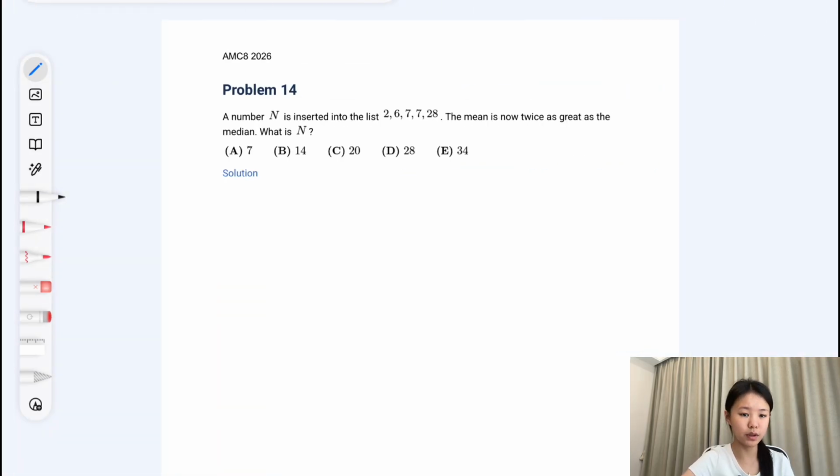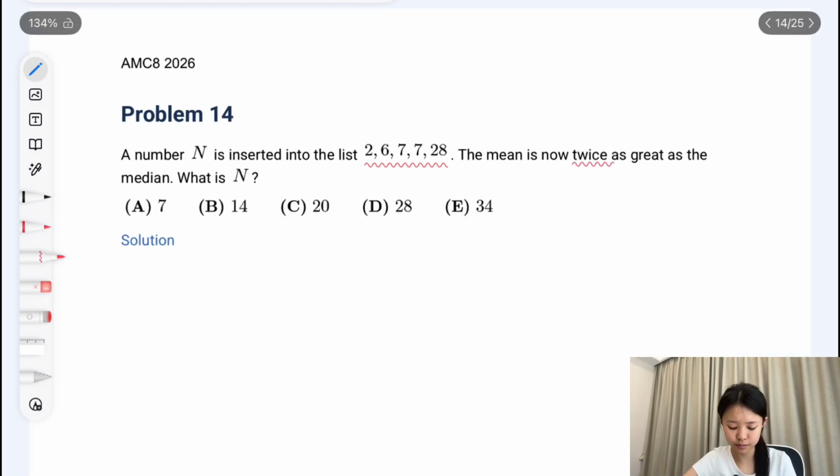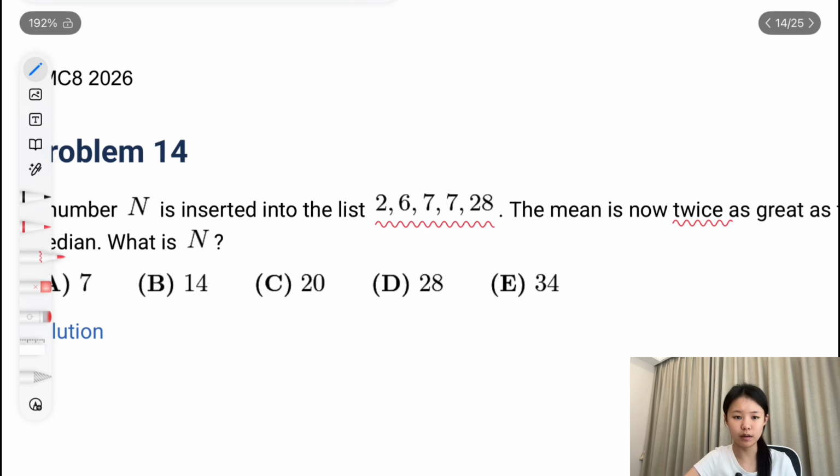Okay, question 14. A number n is inserted into the list of 2, 6, 7, 7, and 28. The mean is now twice as great as the median. What is n? So we want to find out whether if we insert a number into certain locations, what the new median is going to be.